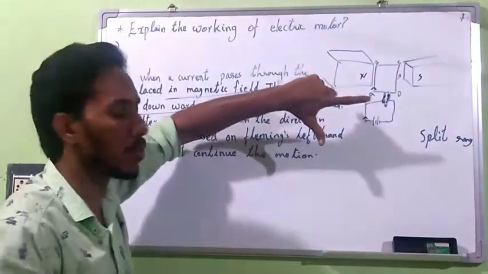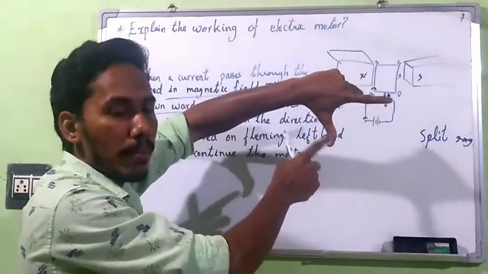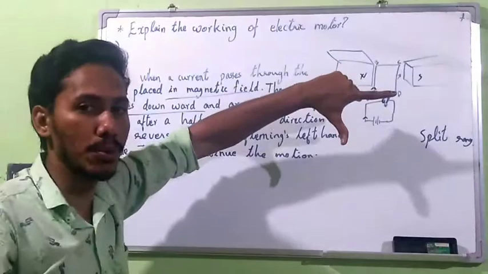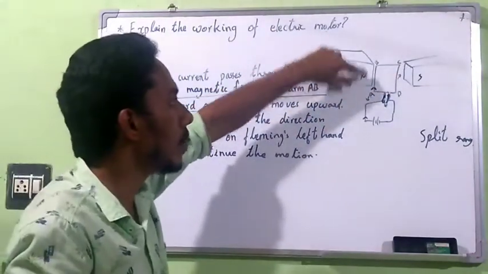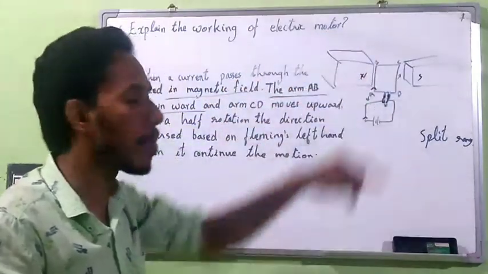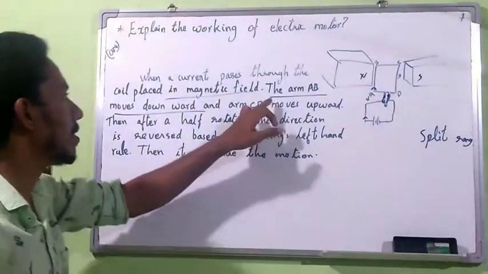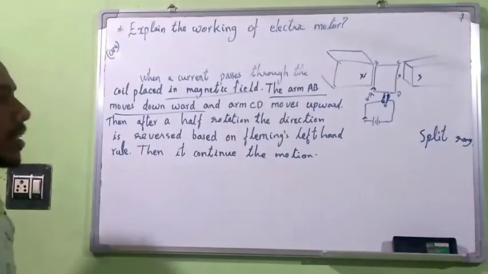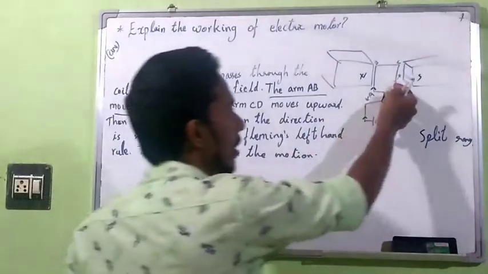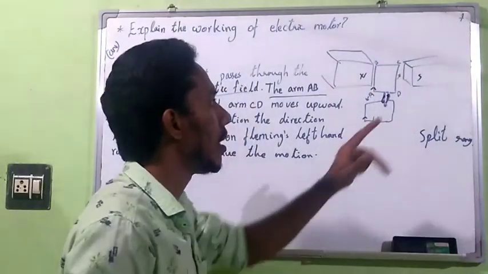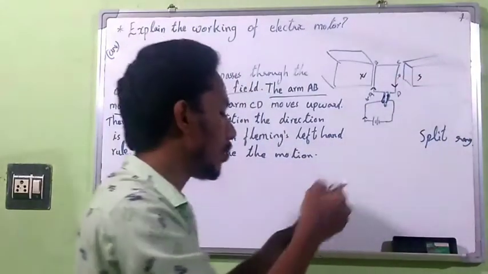Then what is the direction of force? The thumb points in the direction of force. That is, it is downward. The arm AB moves downward. Then arm CD moves upward, because applying Fleming's left hand rule, the direction of current is outward from the board.